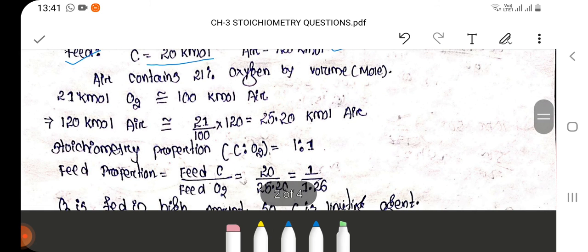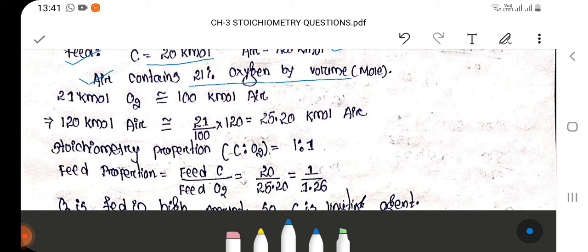We all know that air contains 21% of oxygen by volume or by mole percentage. So 21 kilomole of oxygen is equivalent to 100 kilomole of air. 120 kilomole of air is equivalent to how much kilomole of oxygen?